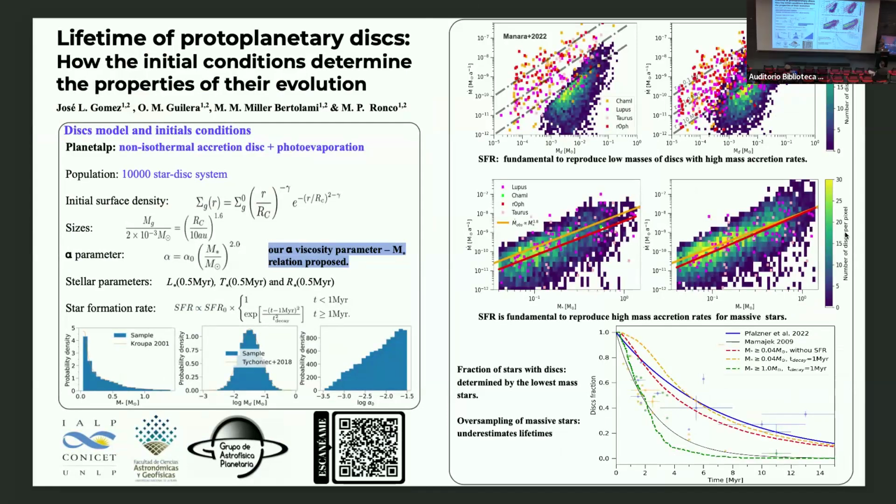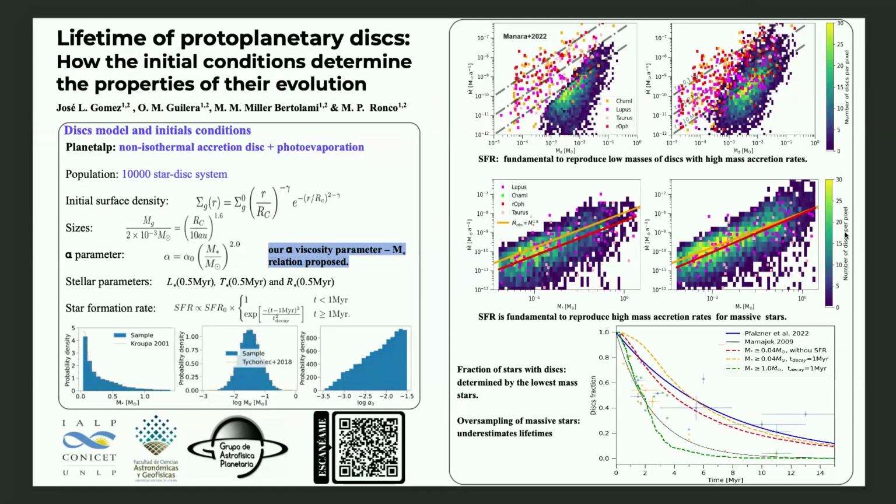Yes, go ahead. Okay. Hey everyone, my name is Jose, and here I present this work where the objective is to reproduce this characteristic observed in star formation regions.